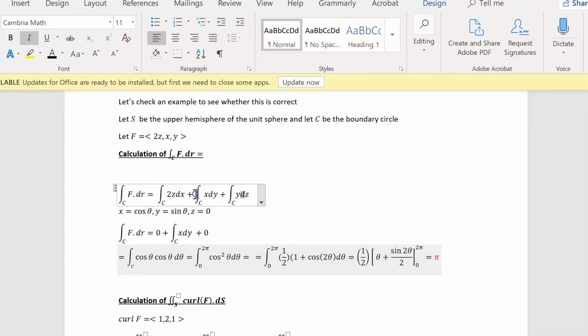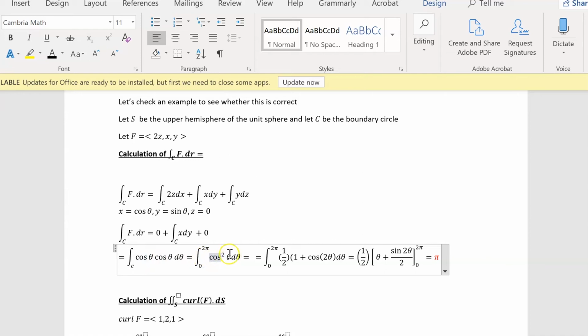We are left with this, so the line integral is really x dy. Now, x is equal to cosine theta. If you convert dy into theta, y is equal to sine theta, so dy will be equal to cosine theta d theta. And then we have cosine times cosine, which is cosine squared theta.